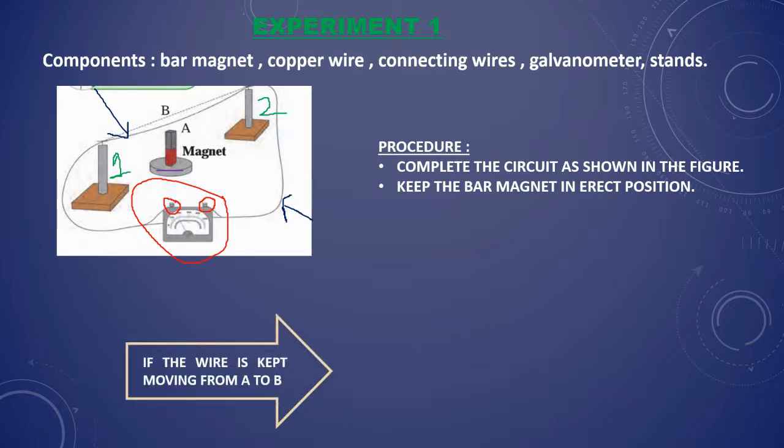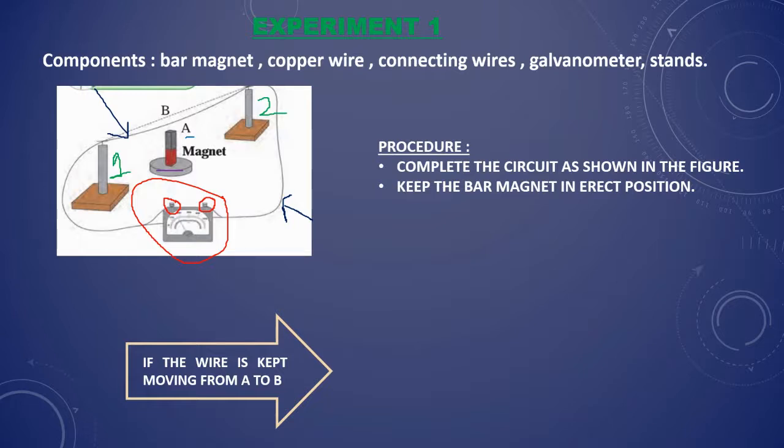If the wire is kept moving from A to B, so over here we can see the letter A, and here there is the copper wire, and the dotted line is also the copper wire showing the position B of the wire.